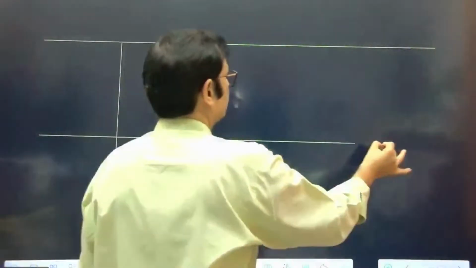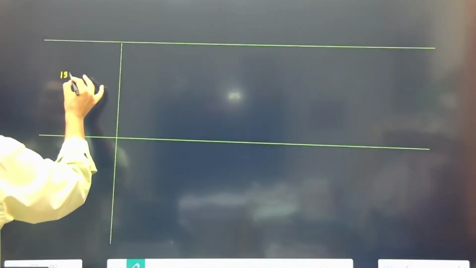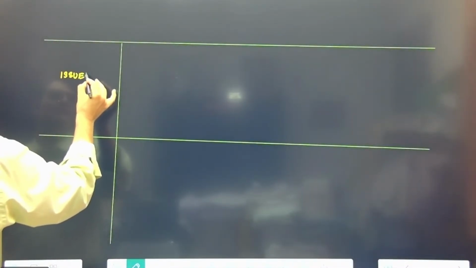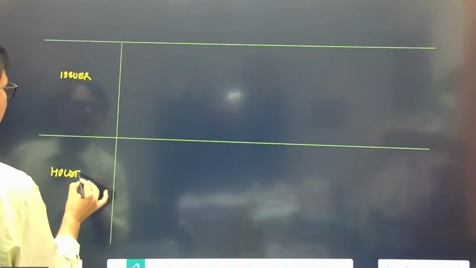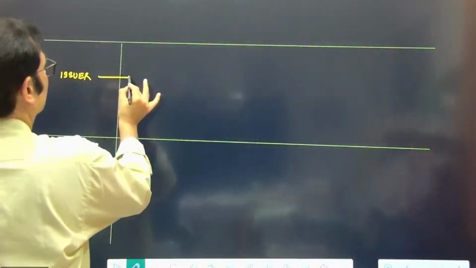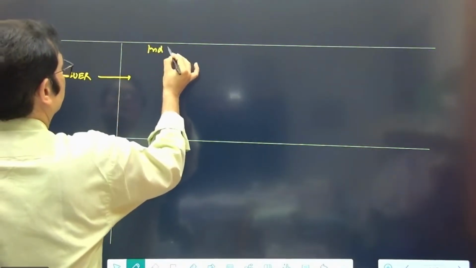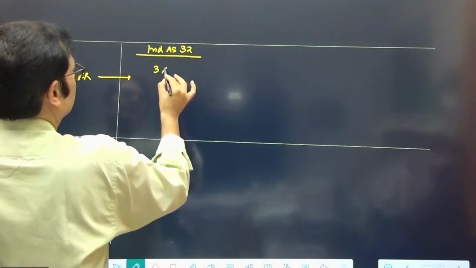I would say the standard is focusing on two parties' points of view. Either we are looking at things from the issuer perspective, or from the holder perspective. When you're looking at things from the issuer perspective, you apply Ind AS 32, where I gave you a simple three-step model.